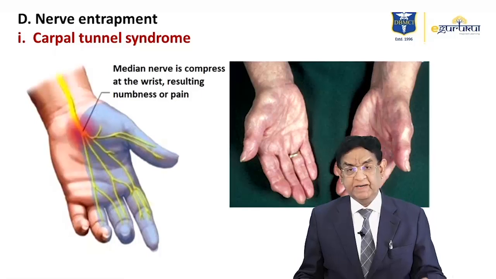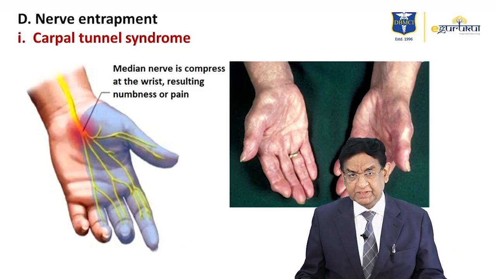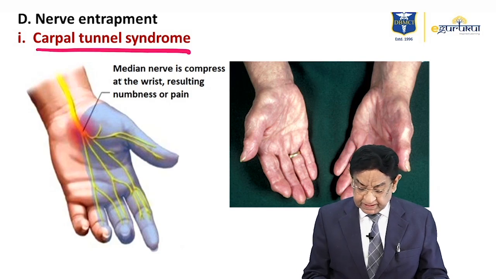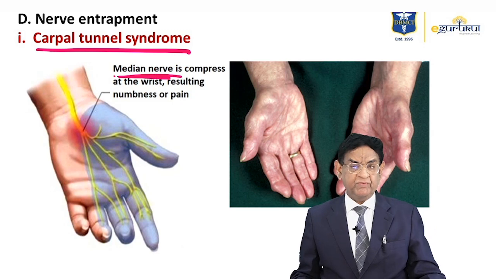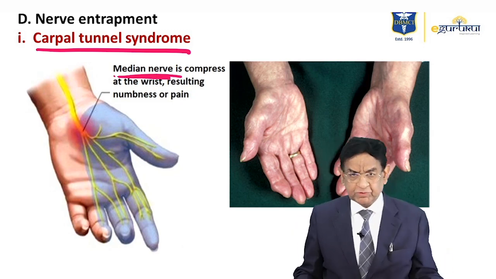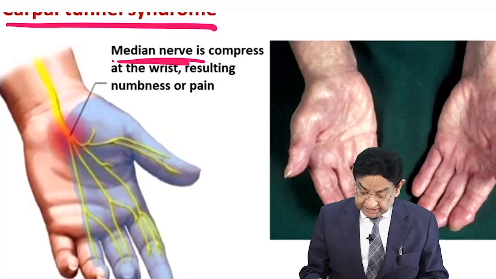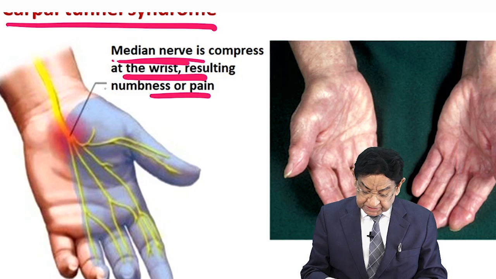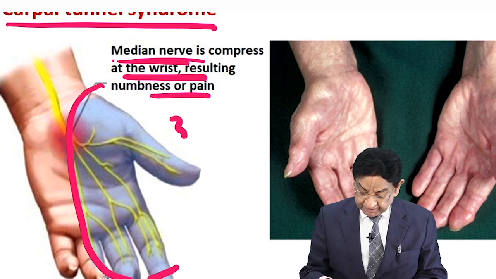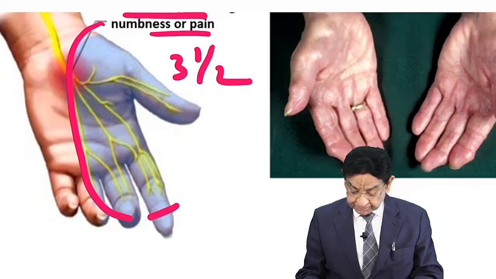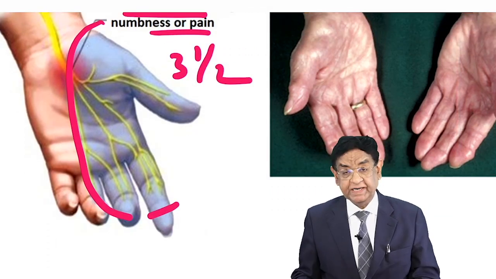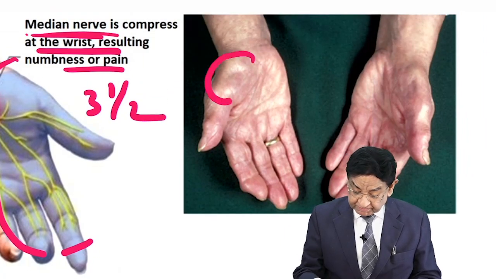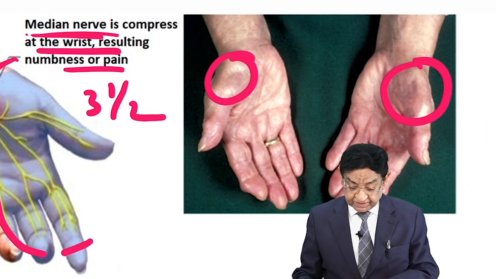Nerve entrapment, again a very commonly asked question. Various types of nerves can be involved. It can lead to carpal tunnel syndrome, and we all know median nerve is involved. So in your exam, the question will be, the patient has come to us with pain and numbness in the distribution like this, 3.5 fingers, especially on the lateral side, and there is atrophy of the thenar muscle.